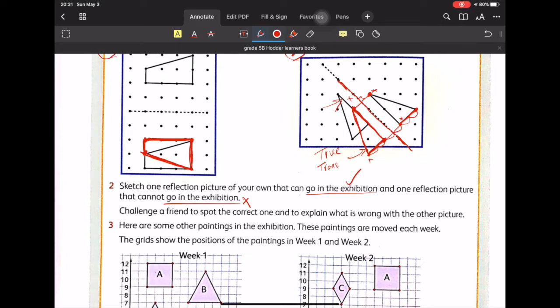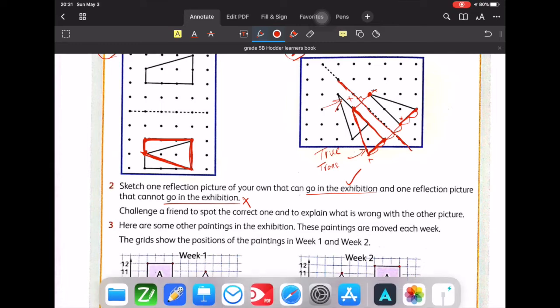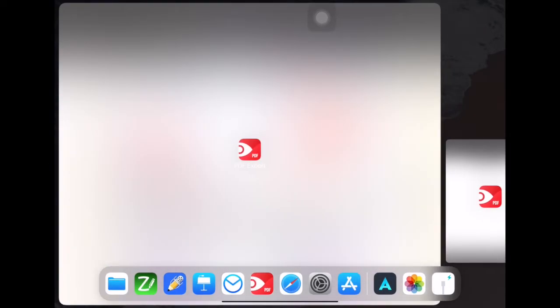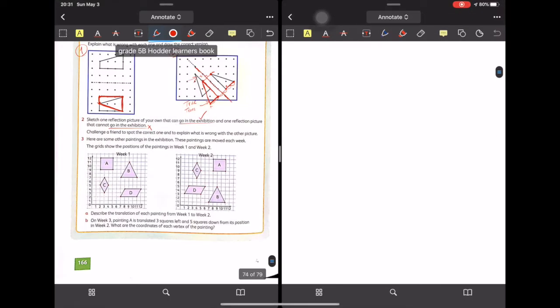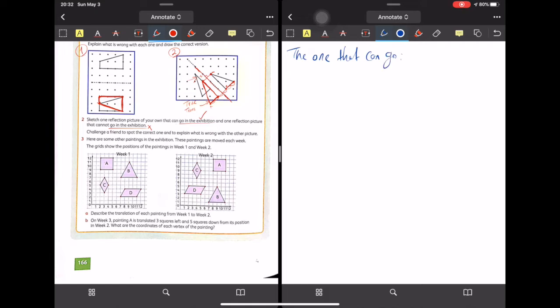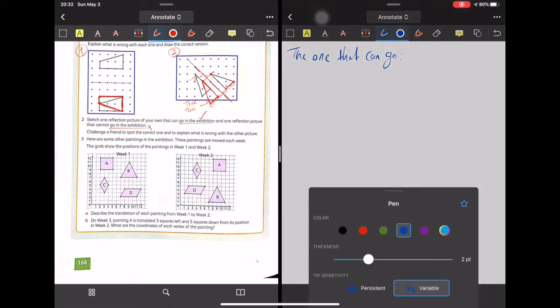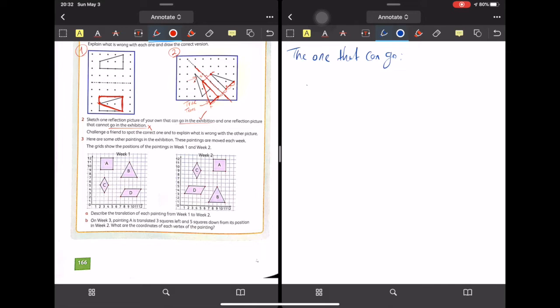Okay, so for this one, I will need a pale white paper. That's good. Okay, for the one that can go, let's see if I can make a pegboard with this one. Yeah, I'll try my best.